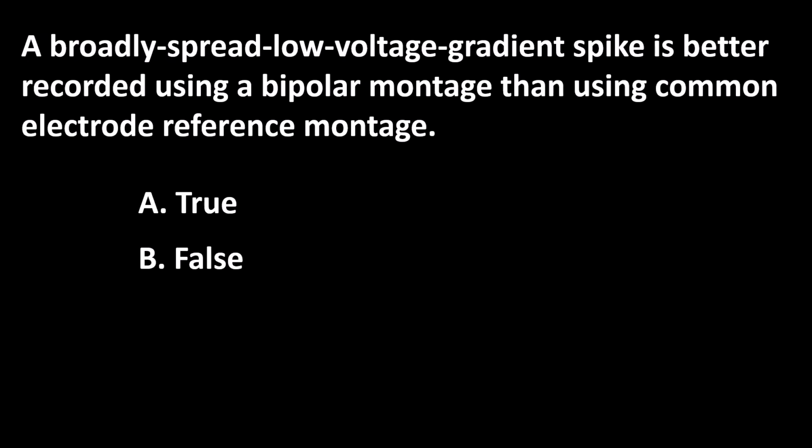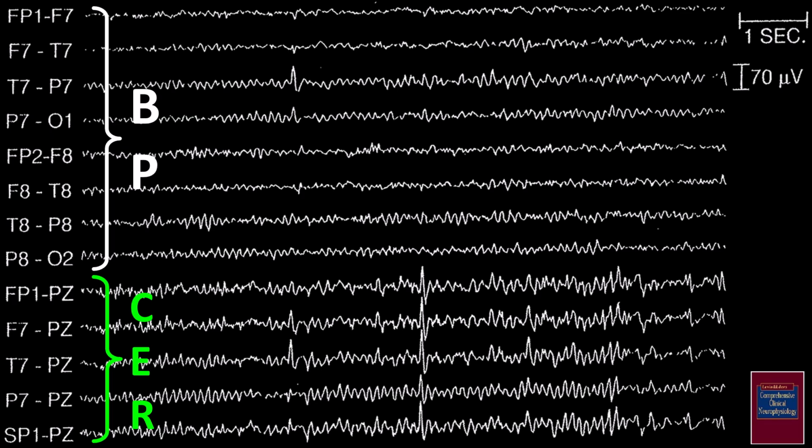Next question. A broadly spread low voltage gradient spike is better recorded using a bipolar montage than using a common electrode reference montage. A true, B false. In this frame you can see a few bipolar derivations on top and a few common electrode reference derivations in the bottom.